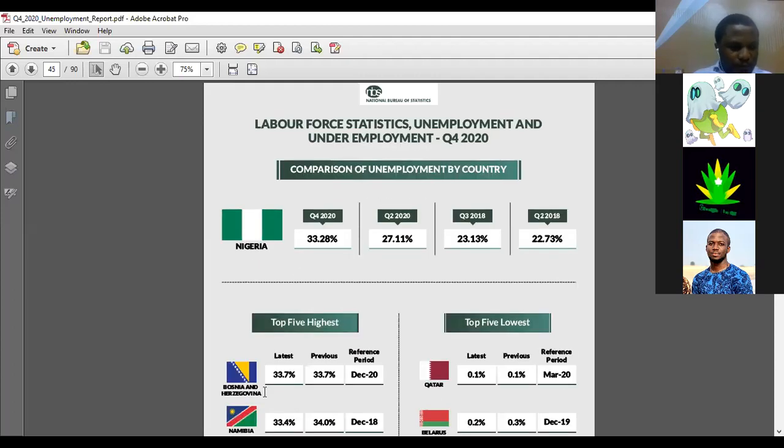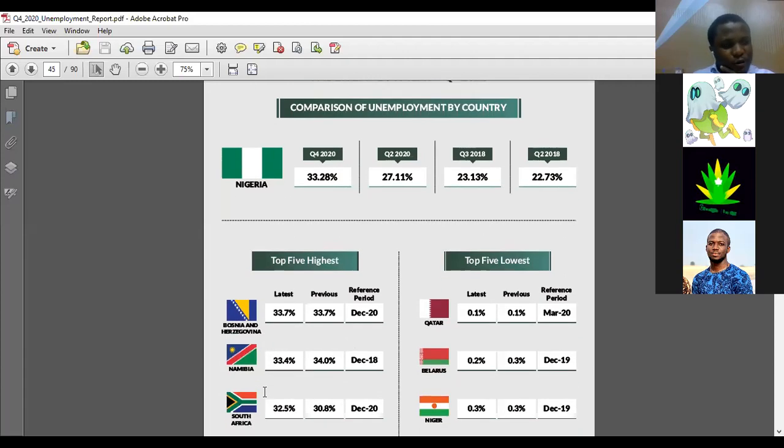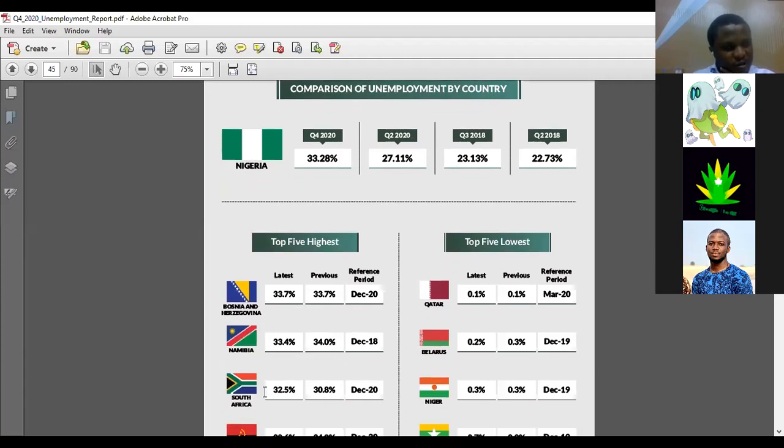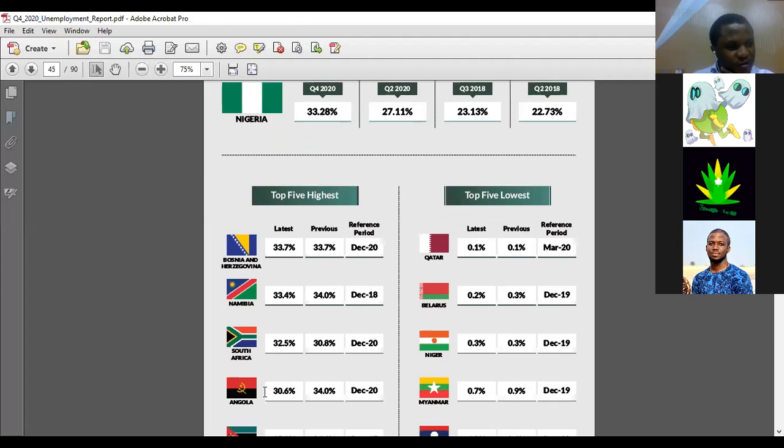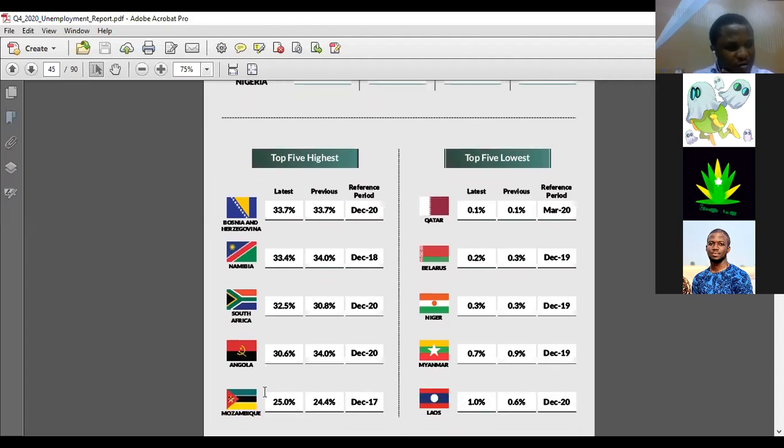Then compare the unemployment with the top 5 highest and top 5 lowest countries. The highest, of course, are mostly in Africa: Namibia, South Africa, Angola, Mozambique. And we also have Bosnia, that's in Europe. Then the top 5 lowest: Qatar, Belarus, Niger, Myanmar, and Laos.